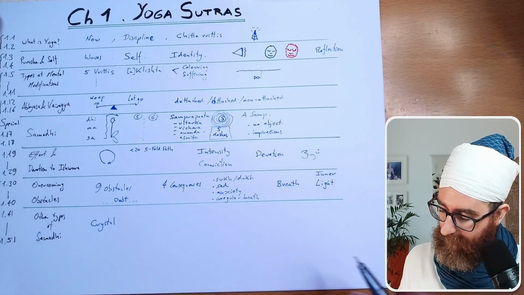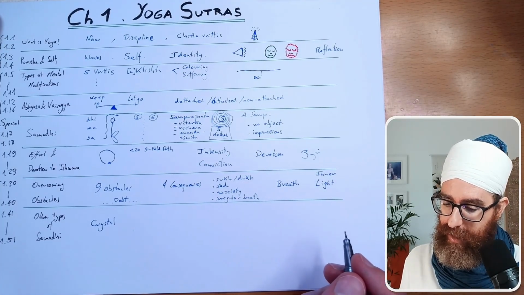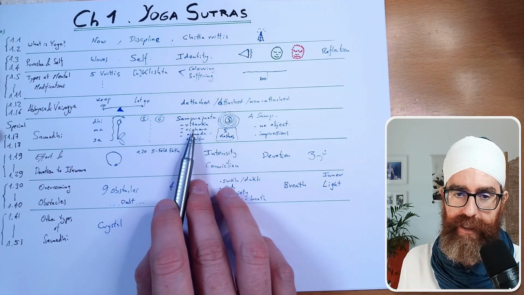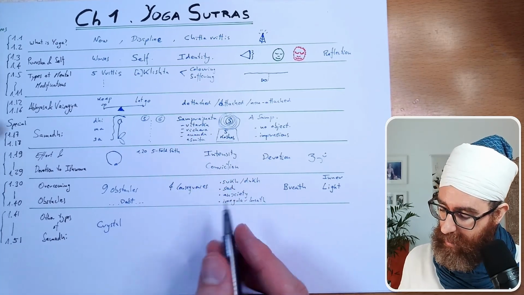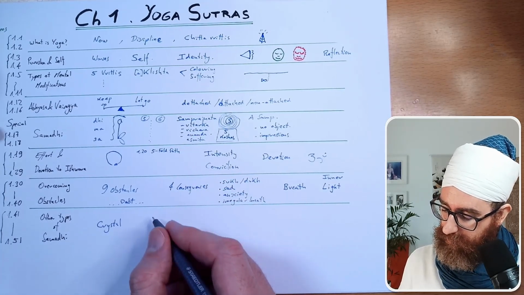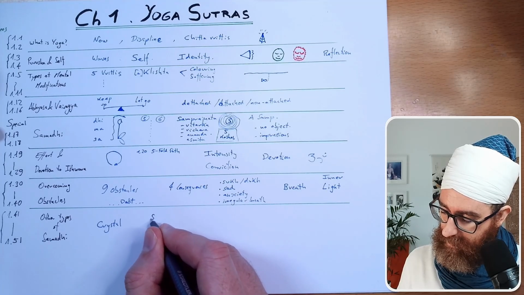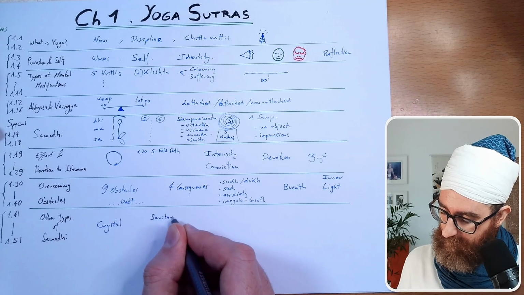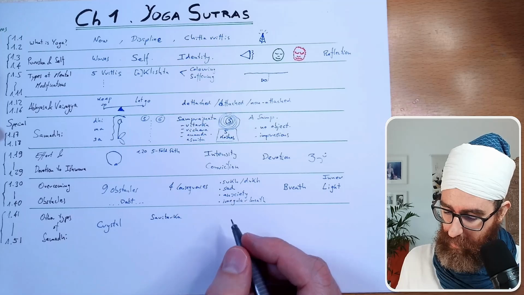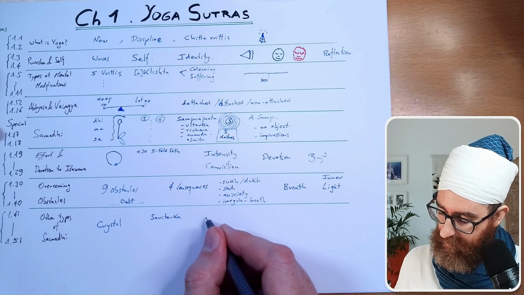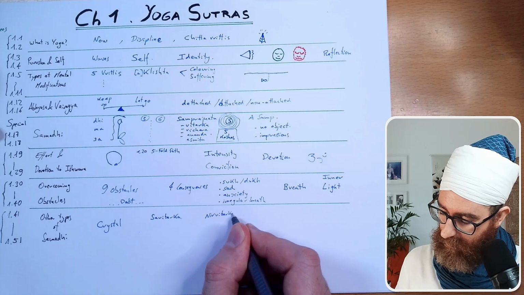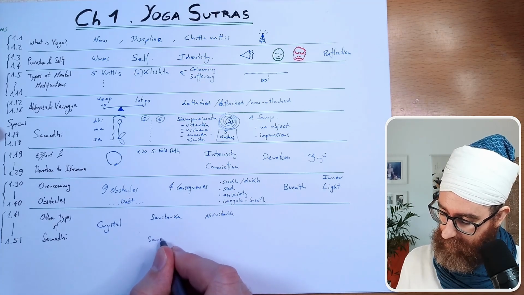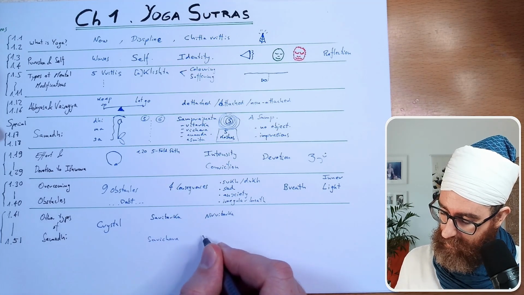And he says, well, let's go back to this Savitarka and Savichara. Well, Vitarka and Vichara was here in Sampragnata Samadhi. And he says, well, actually there are 4 different ones. There's Savitarka, nirvitarka, savichara, nirvichara.